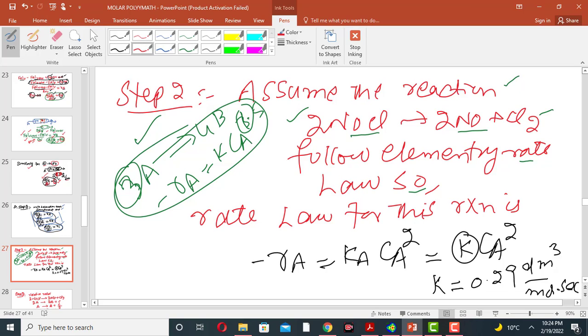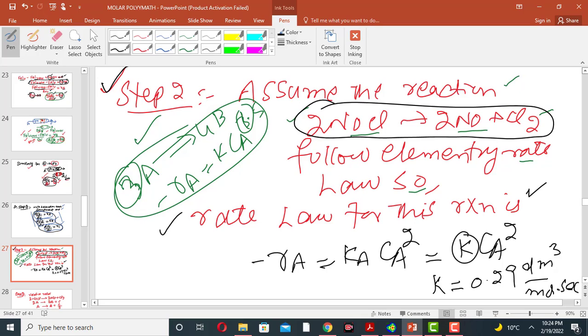So if this is an elementary reaction, then in the second step we are going to write the rate law for our reaction. What will be the rate law for this reaction? The rate law will be written as minus Ra, the rate of consumption of component A in the plug flow reactor, is equal to Ka, the rate constant of component A, into the concentration to the power 2, because the order of reaction is 2.